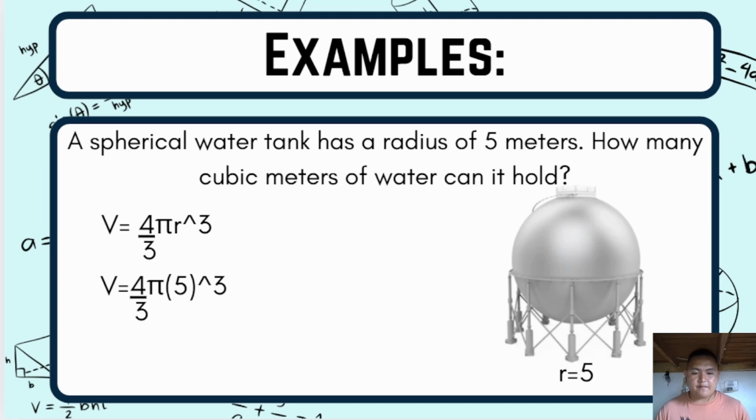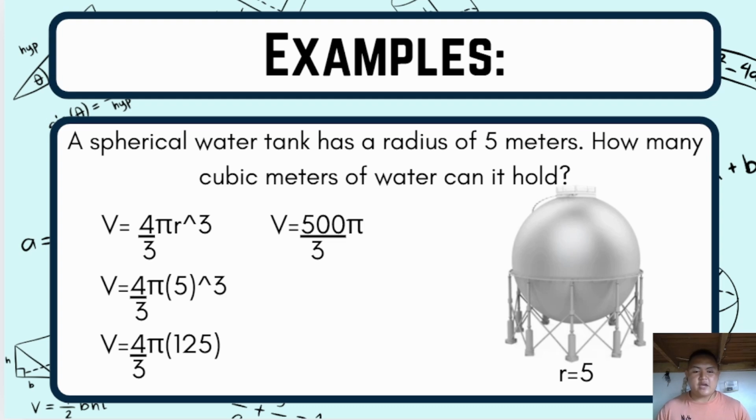Let's cube the 5. So our equation is gonna be volume is equals to 4 over 3 pi 125. The next thing we are gonna do is multiply 125 into 4. So we are going to have 500 all over 3 pi.